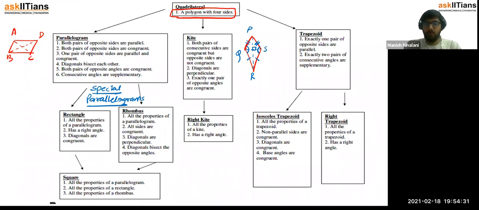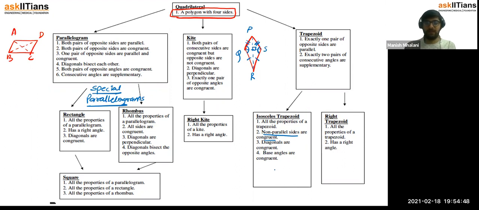Then we have the trapezoid: the isosceles trapezoid and the right trapezoid. As I said, an isosceles trapezoid is one in which the non-parallel sides are congruent. These are very important results.